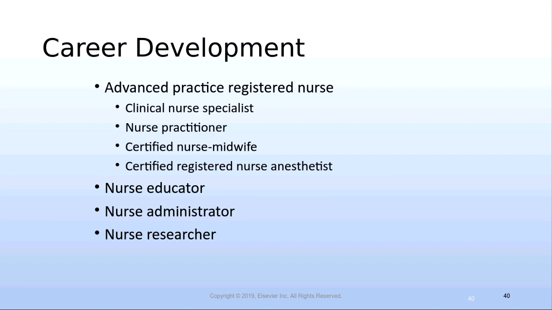Now, the nurse practitioner is an advanced practice nurse who provides healthcare to a group of patients. They usually work in outpatient ambulatory care or community-based setting. Although I know now they have like an acute care geriatric, I think it is. They work in the hospital, almost like hospitalists.